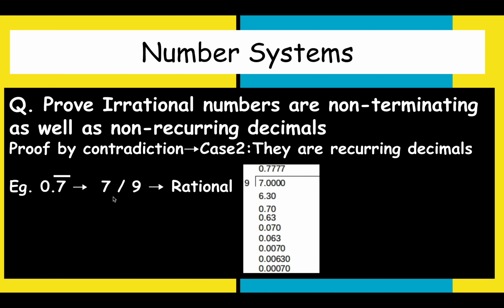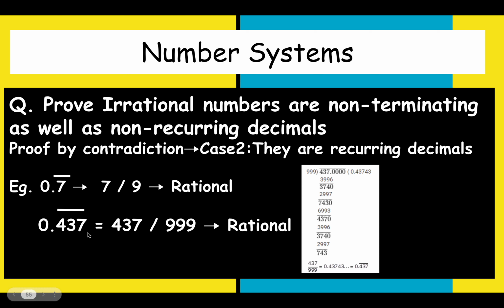We take one more example, let's say 0.437 bar, which means 0.437, 437, 437 repeating. This is also a rational number. It can be written as 437 by 999. How it goes is, when we divide 437 by 999 and add 0 also, then it gets divided by 4. So minus 3996, 374 will be the remainder.